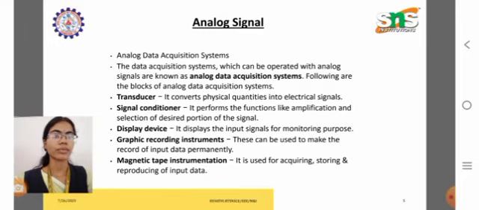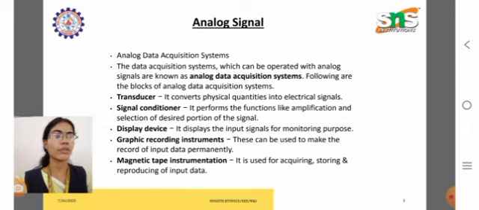Analog data acquisition systems. The data acquisition systems which can be operated with analog signals are known as analog data acquisition systems. Following are the blocks of analog data acquisition systems. Transducer. It converts physical quantities into electrical signals. Signal conditioner.